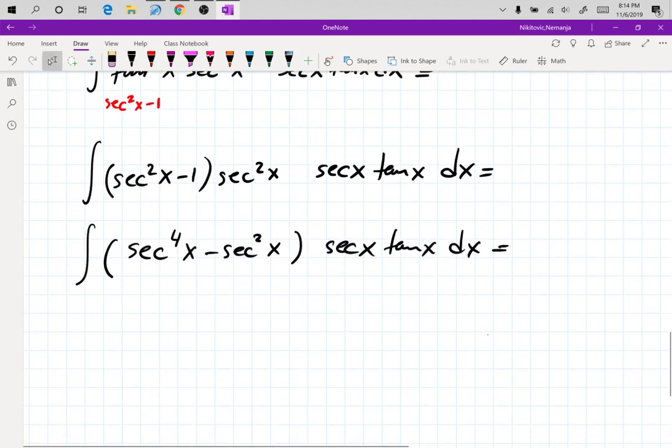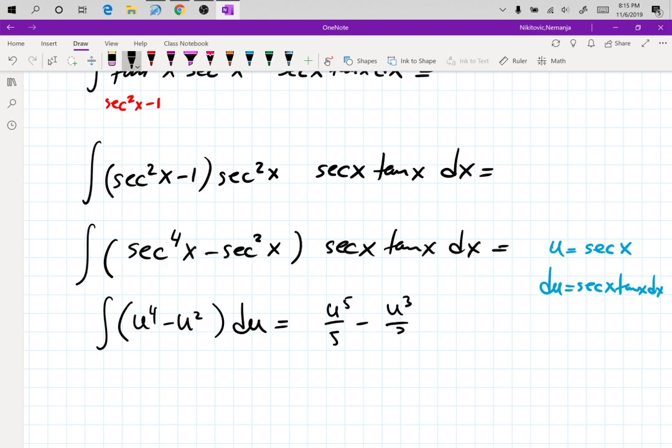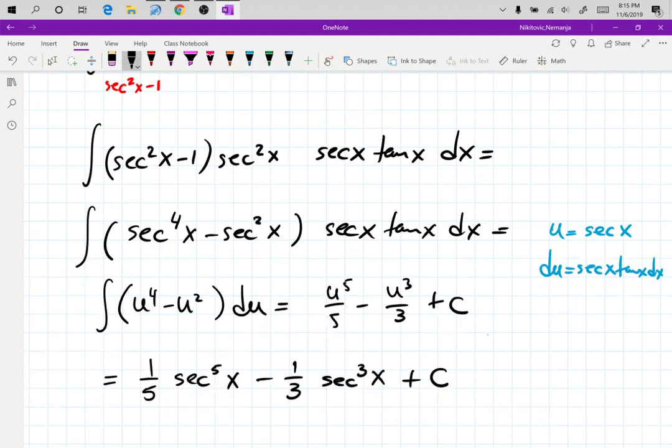And now you have the basic u-sub: u equals secant x, du equals secant x tangent x dx, and the whole problem collapses into u to the 4 minus u squared du, which becomes u to the 5 over 5 minus u cubed over 3 plus c. And now it's 1/5 secant to the 5th x minus 1/3 secant cubed x plus c.